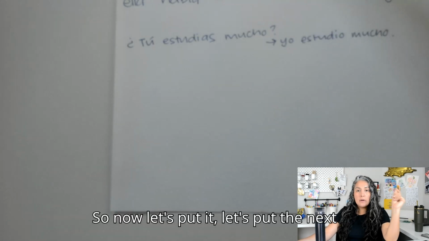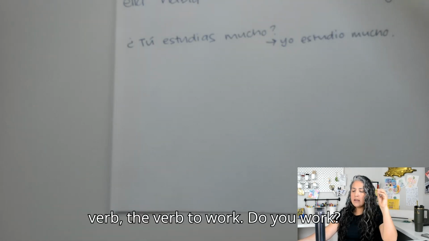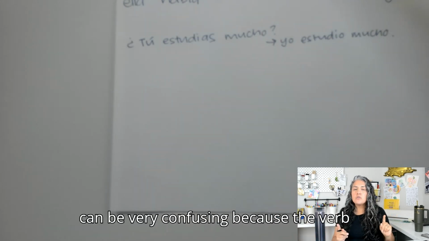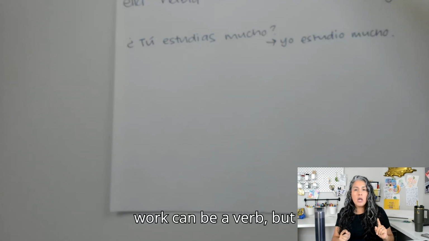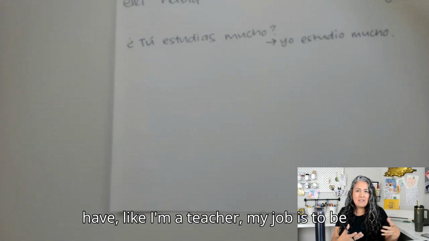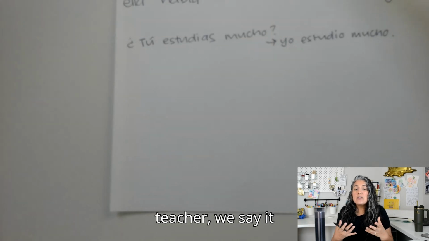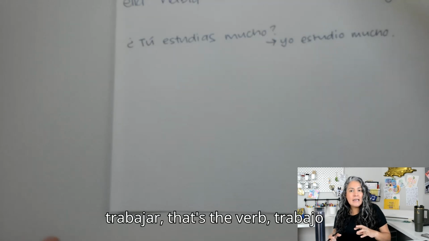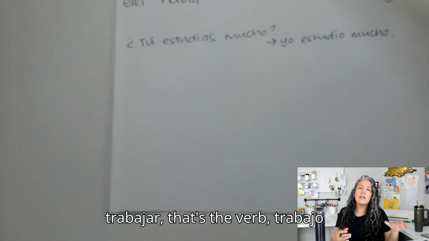So now let's put the next verb. The verb to work. Do you work? This is a different word in Spanish that can be very confusing because the verb work can be a verb, but job, like the actual job you have, like I'm a teacher, my job is to be teacher, we say trabajo as well. So it can be trabajar, that's the verb, trabajo is a job.